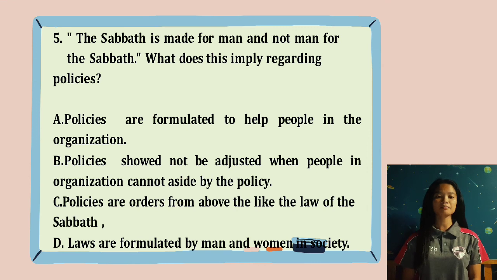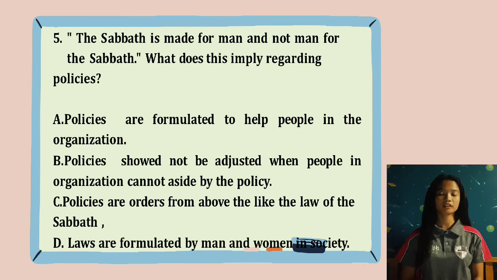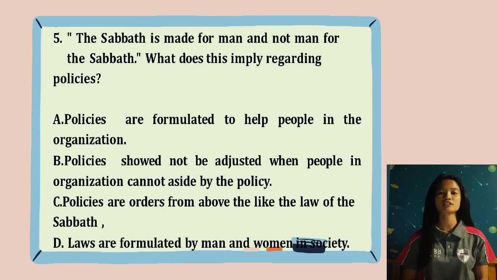The Sabbath is made for man and not man for the Sabbath. What does this imply regarding policies? A. Policies are formulated to help people in the organization. B. Policies should not be adjusted when people in organizations cannot abide by the policy. C. Policies are orders from above like the law of the Sabbath. D. Laws are formulated by men and women in society.